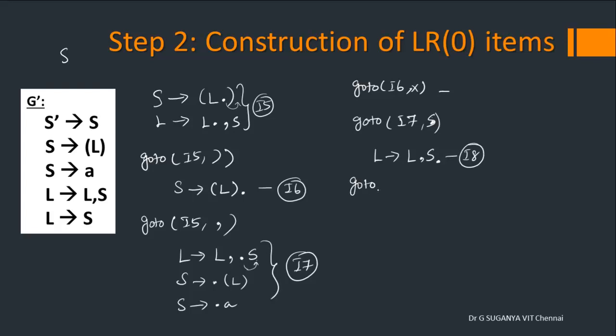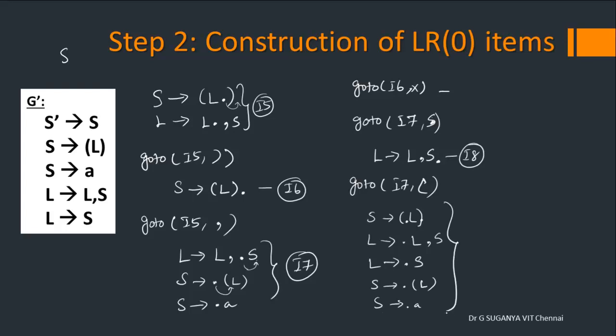Go to of I7, comma, left bracket. Okay, so you just move it, and then S gives left bracket dot L, sorry, here closing bracket. Since dot is followed by L, L gives dot L, comma, S. L gives dot S. Since dot is followed by S, you have to include S production also.